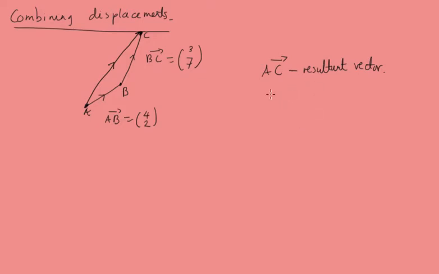And it's given by adding AB plus BC. So (4, 2) plus (3, 7) is going to be (7, 9).